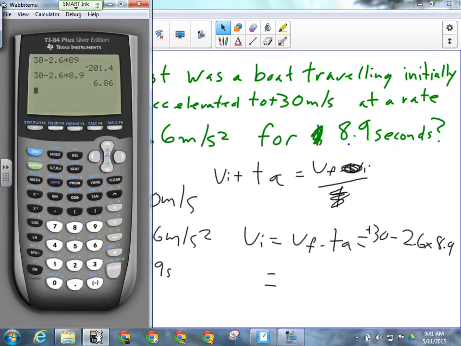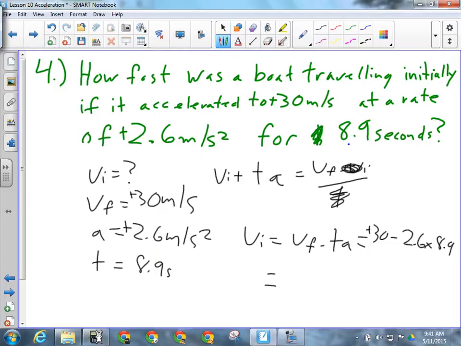Okay, so we're looking at 6.86, so 6.9 we'll say, meters per second, and that would also need a positive on it. Are these starting to make sense? Same as always, you've just had one example of every manipulation of that formula, just like I always do for you, so it's probably not a bad idea to review this podcast at some point if you're studying for your acceleration stuff.